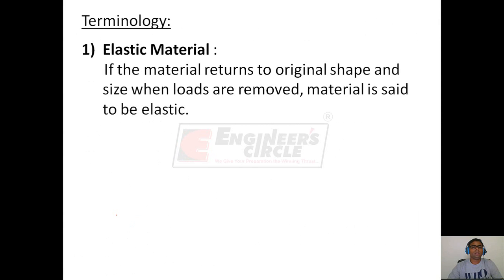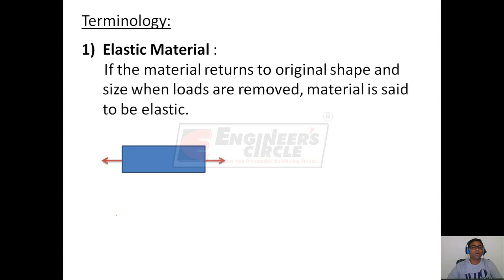So before going ahead, I will discuss certain terminologies that will be used frequently in this chapter. The first one is elastic material. A material is said to be elastic if it returns to original shape and size when loads are removed.